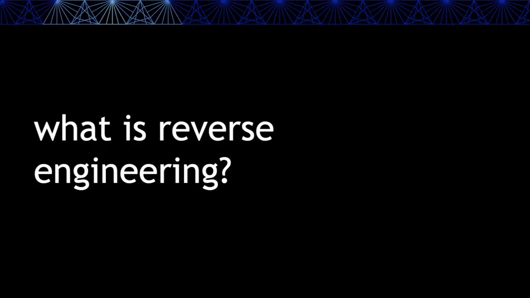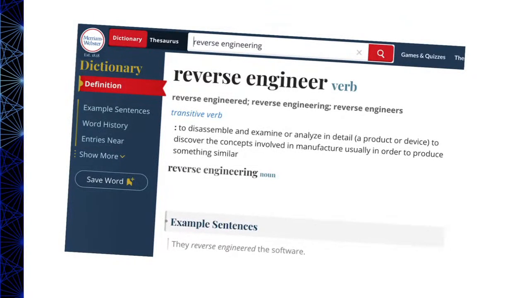Cool. So first things first, what even is reverse engineering, right? It has engineering. It sounds fancy. I'm an engineer. I'm not smart. So it could be literally anything, right? Merriam-Webster defines it as to disassemble and examine or analyze in detail a product or device to discover the concepts involved in the manufacture process, usually to produce something similar.